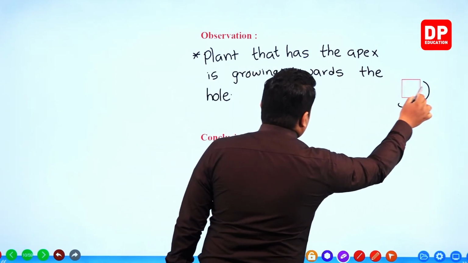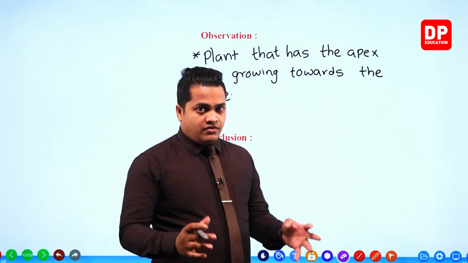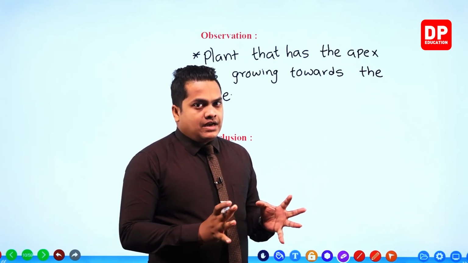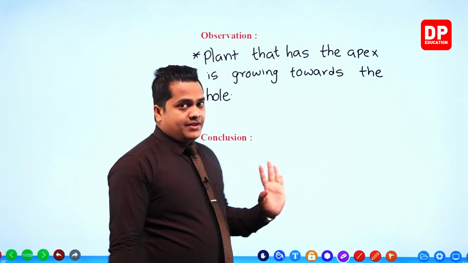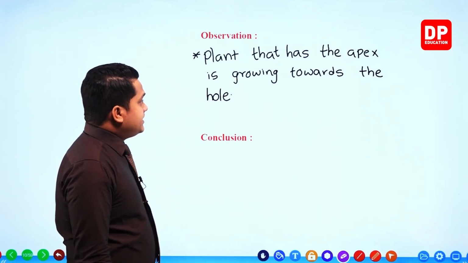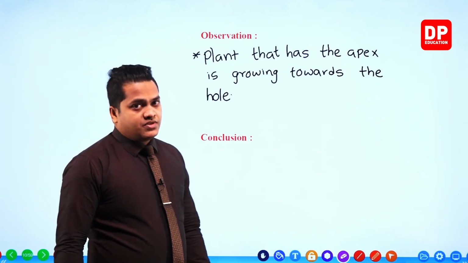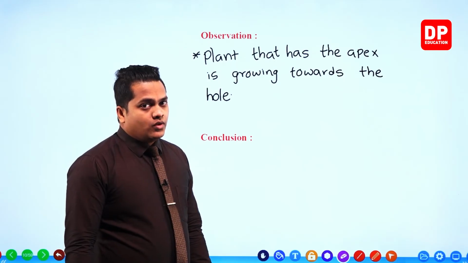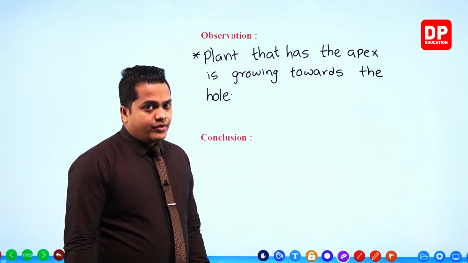Now here we are discussing the direction of the growth, not the sunlight. So here let's mention the growth only. So here we can see that the plant that has the apex is growing towards the hole. That is our observation. Towards the hole, the plant that has the apex is going to grow.